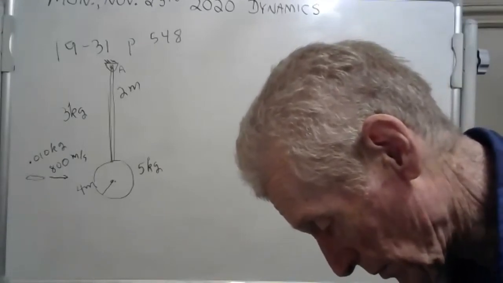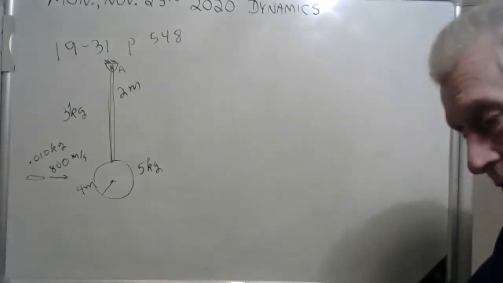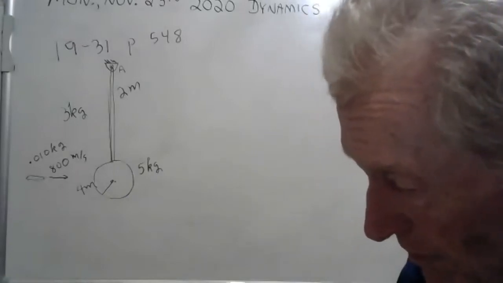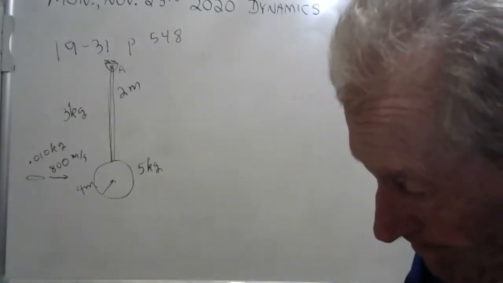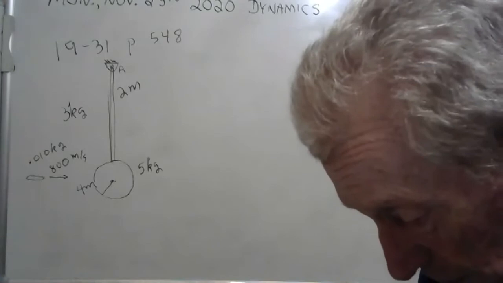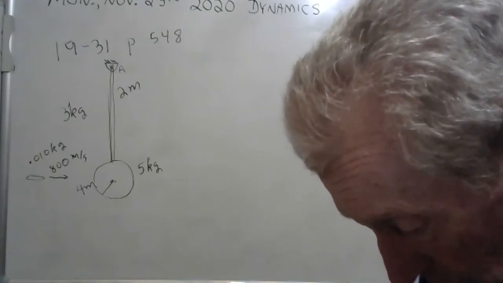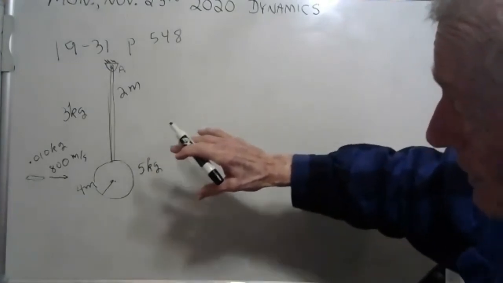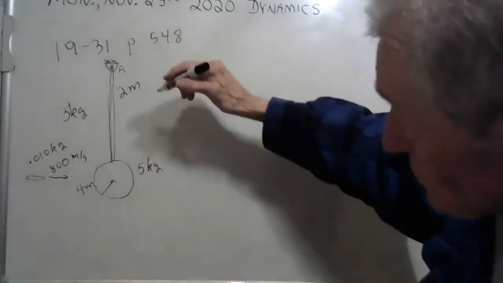And then something happens. Immediately after the collision, the pendulum, you could call it a pendulum, I guess, is moving, and it's going to swing up to a new position.